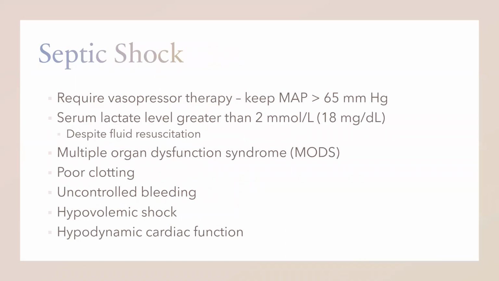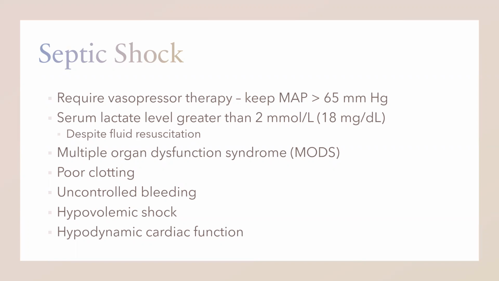Once they get into septic shock, they're going to require vasopressor therapy. I assume you've seen it, hopefully in clinical, some using dopamine, Levophed, epinephrine, norepinephrine, any of those medications to keep the mean arterial pressure greater than 65. What that does is it returns volume of blood back to the heart, correct? But it clamps down the periphery. So you always have to check for perfusion in the extremities, the fingers and toes.